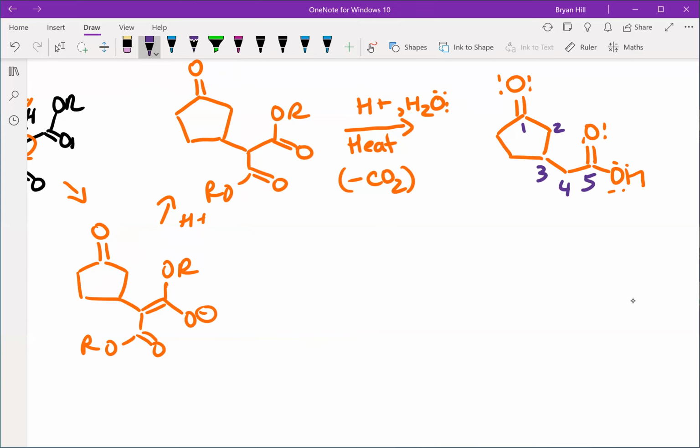So acid hydrolysis, and with heat, this gets decarboxylated. So let's do this.